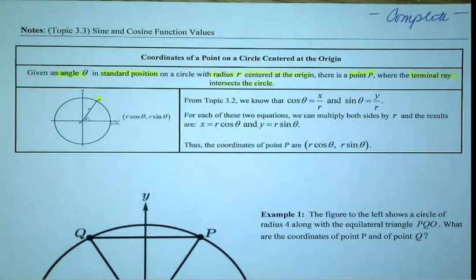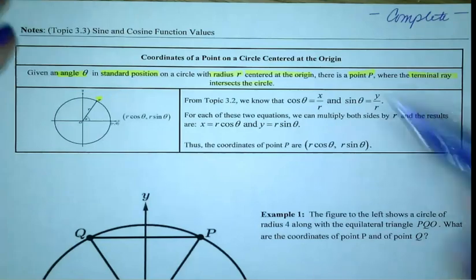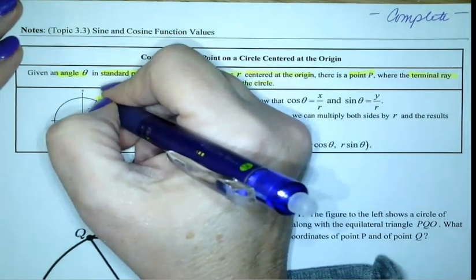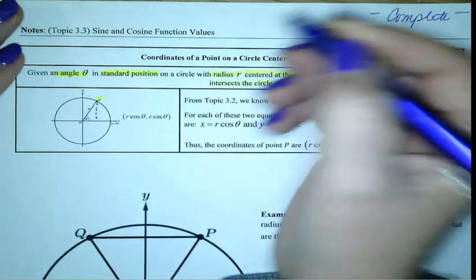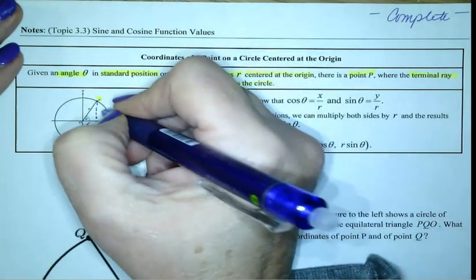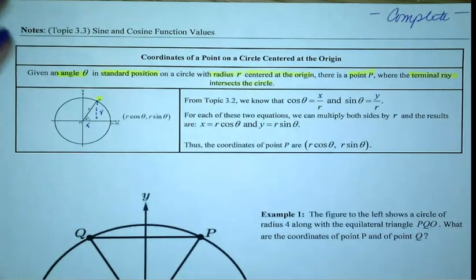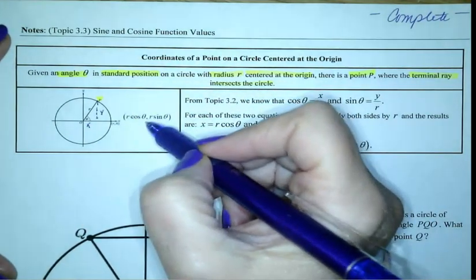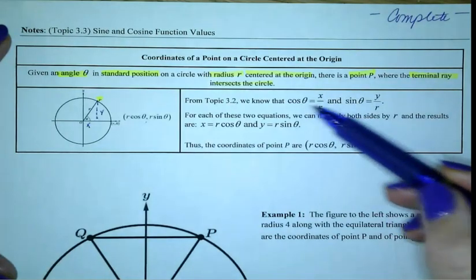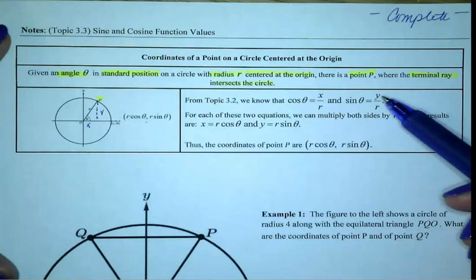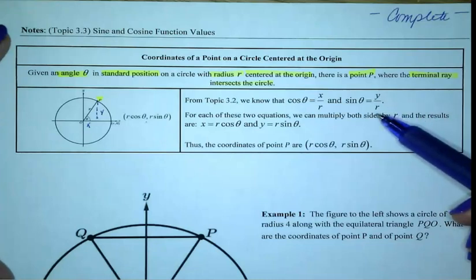And in lesson 3.2, we learned that we could call that cosine theta, which is x over r. So if you imagine horizontal displacement, vertical displacement, then this was my x, my horizontal displacement, and this was my y, my vertical displacement. Cosine theta is x over radius, and sine theta is y, the vertical displacement, over the radius.